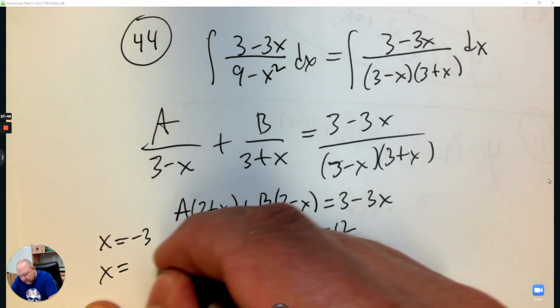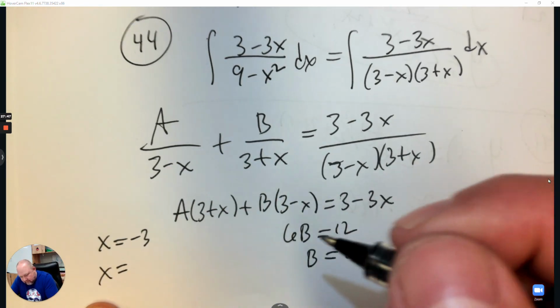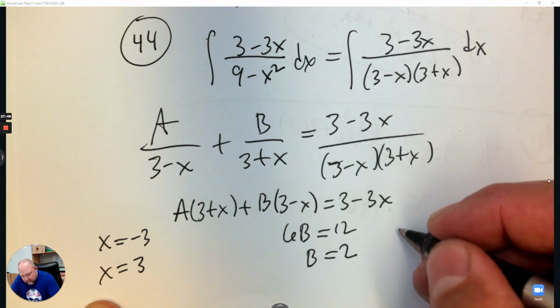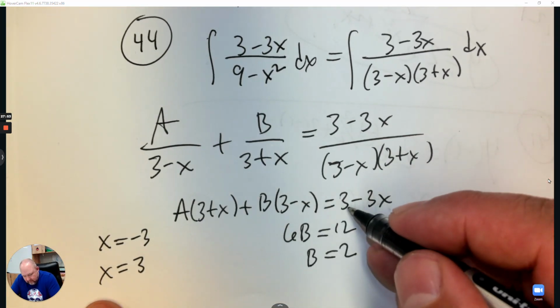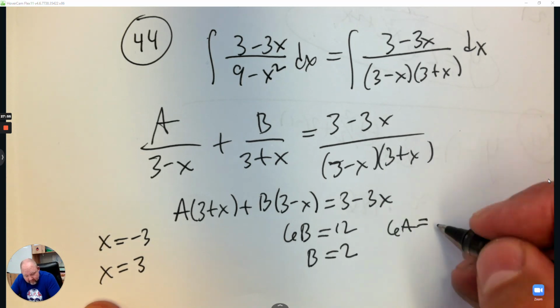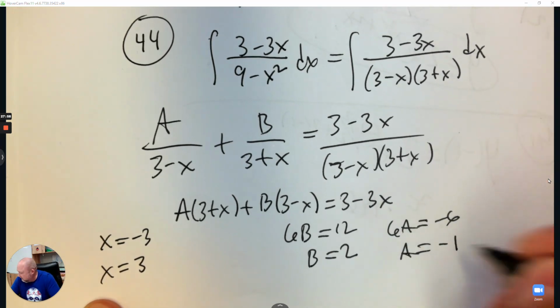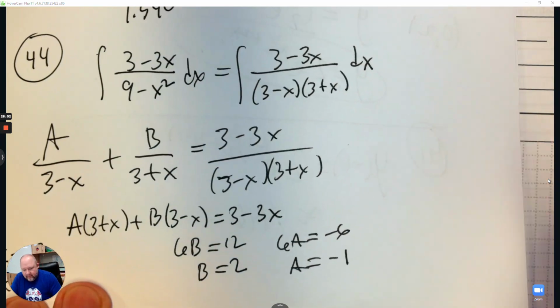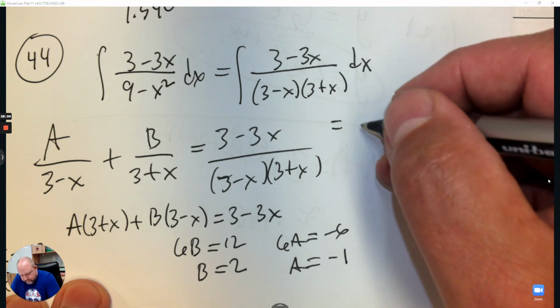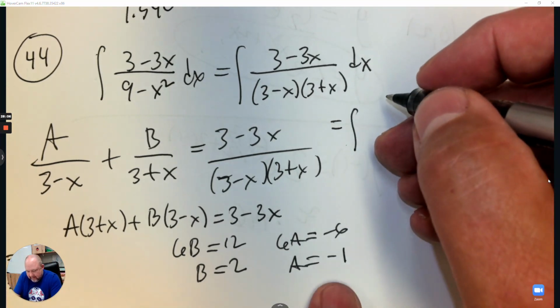We're going to let x equal positive 3. That's 6a. That's 0. 3 times 3 is 9. So that's negative 6. So divide, and a is equal to negative 1. Come back to the question here. And so a, we'll start there.